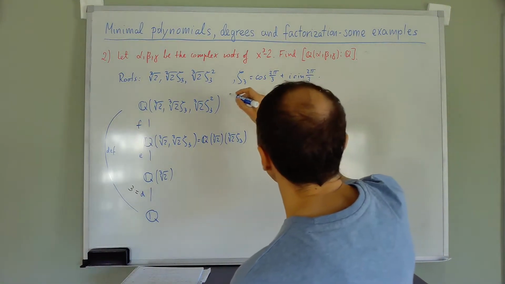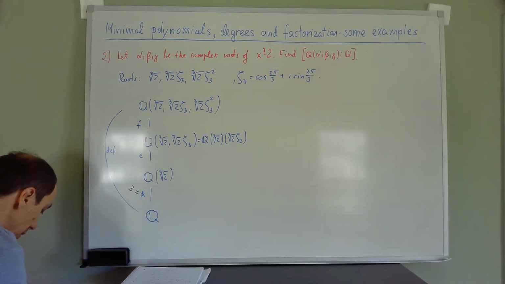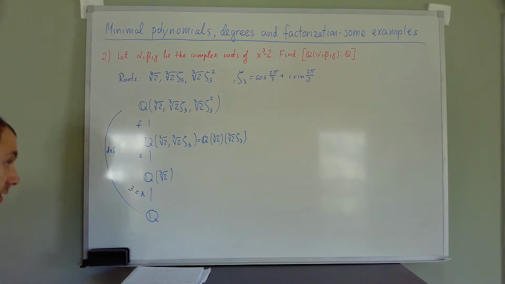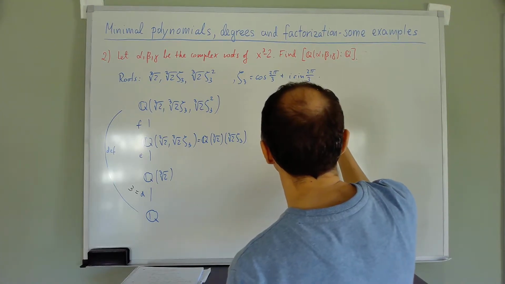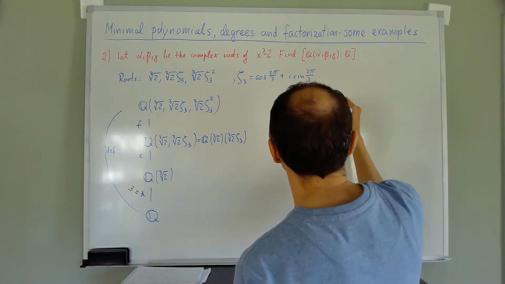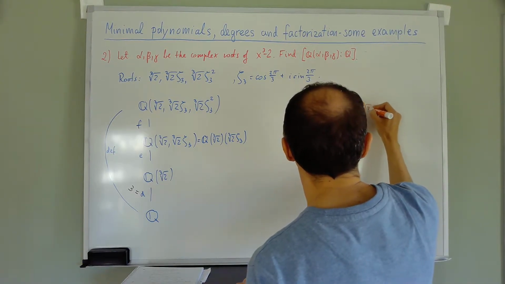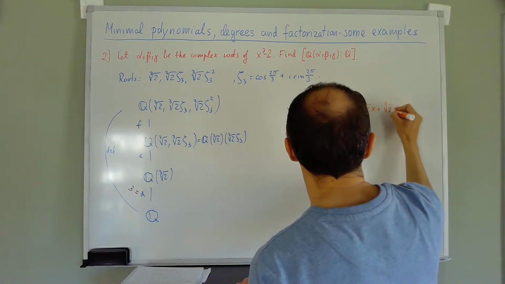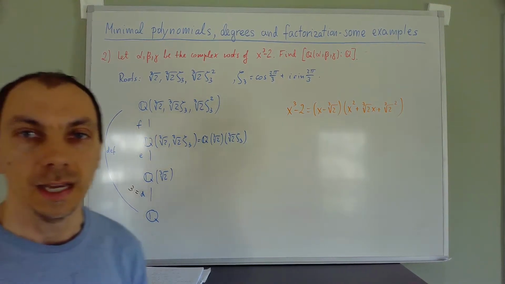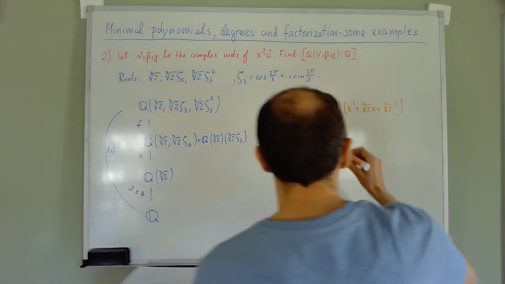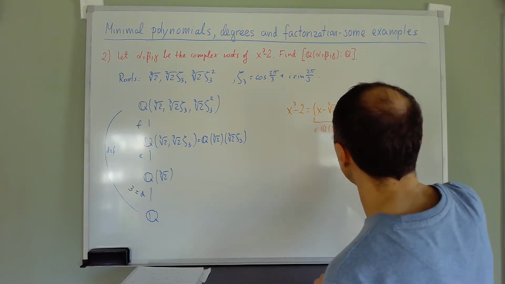Well, so I look at the polynomial x cubed minus 2 and I look at its factorization, and first of all I see that I can factor it this way. And now I check that actually both of these polynomials here have coefficients in Q adjoin cube root of 2.